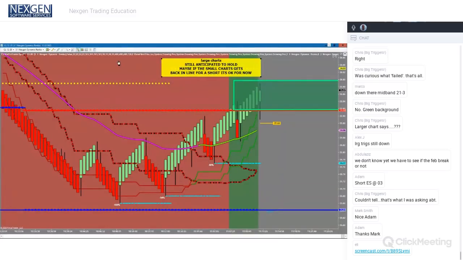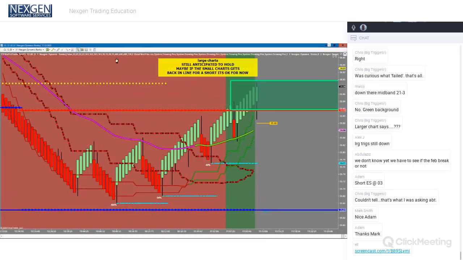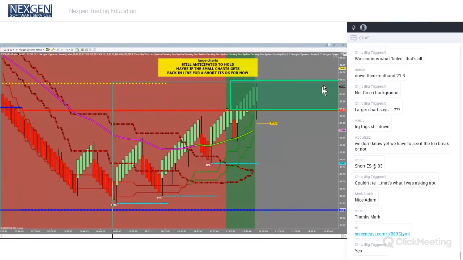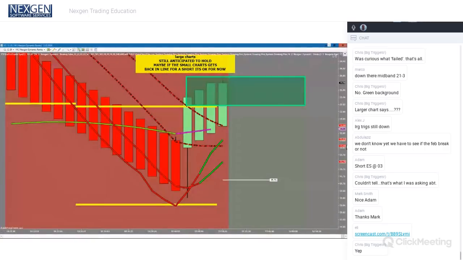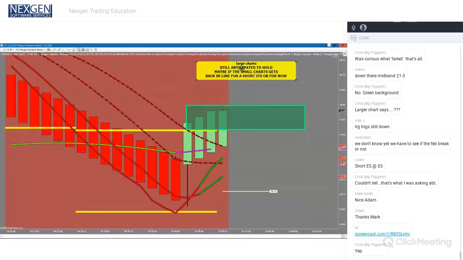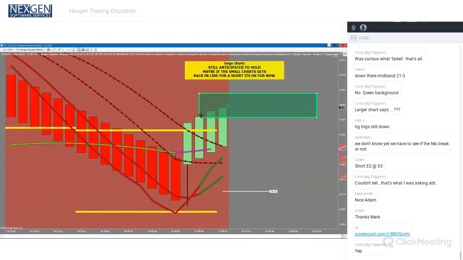Does that make sense, Chris? So I'm taking the big thought from the big chart. And again, it could change. I don't know. But for now, the large chart area is not going to give way because the triggers don't suggest it. So they're doing the old, running up a little higher, but they're still going down trick.